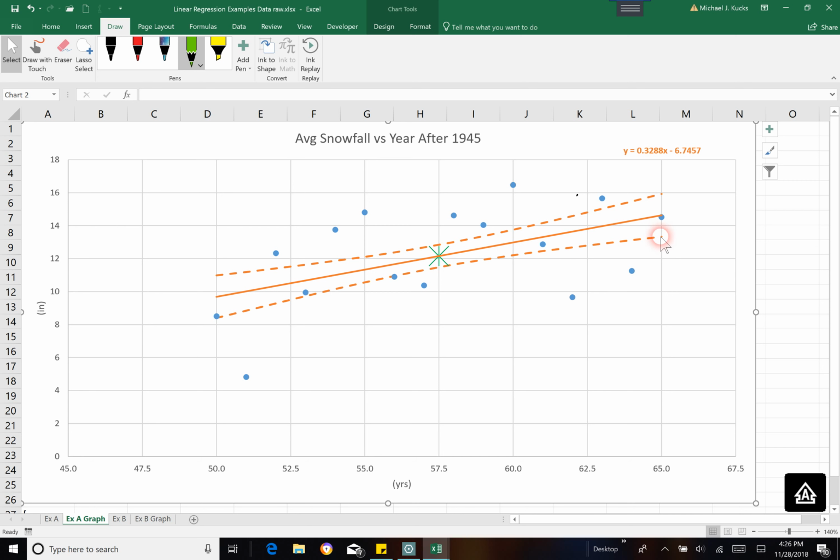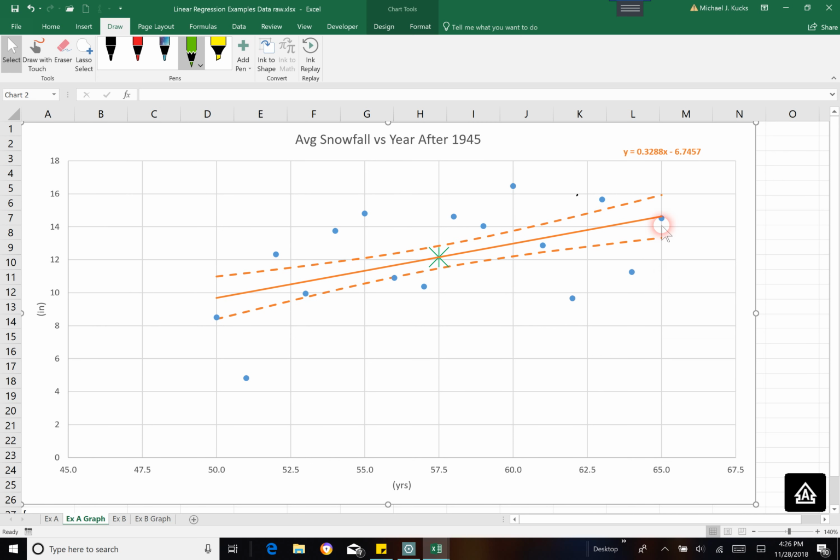If I wanted more like 95% confidence, I'd have to go 2 of these distances of these dashed lines, right? 2 standard errors gives me about 95% confidence. 99% confidence is 3 of those errors, and I get a much bigger confidence interval, much larger swing uncertainty.